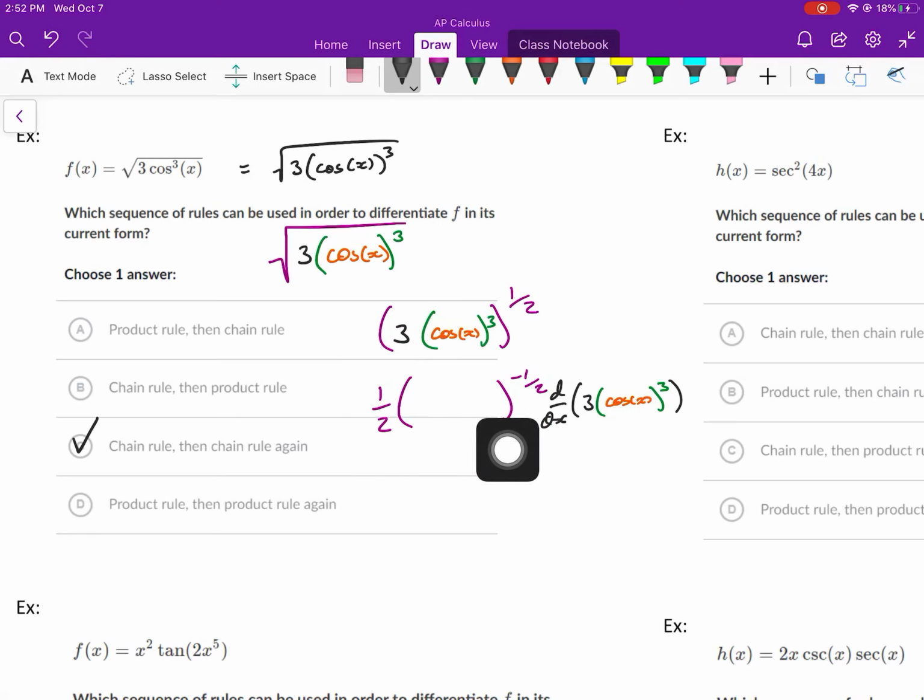That's what I mean. We're doing the chain rule already by taking the derivative of the outside, take away 1, and then derivative of the inside. But even with this, it's going to require another chain rule just to find that derivative. So it's a chain rule, then the chain rule again.